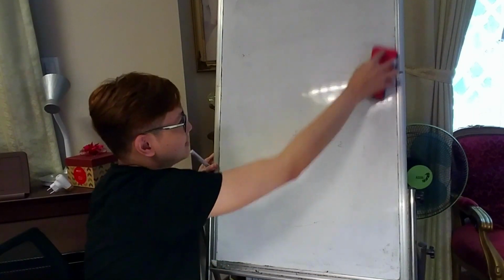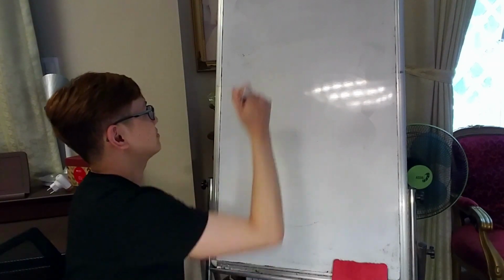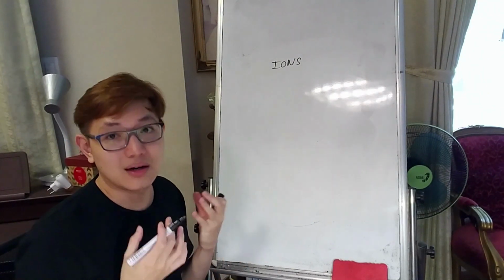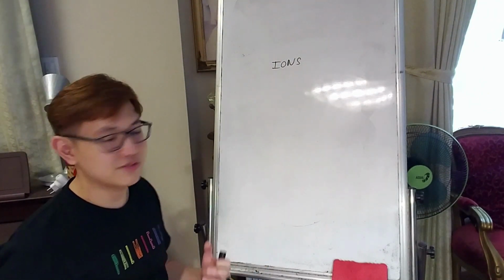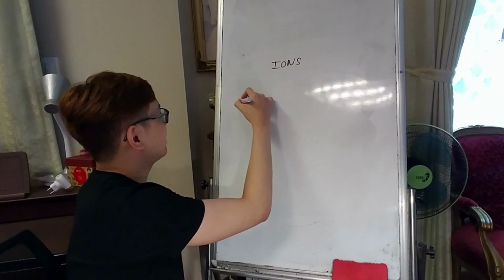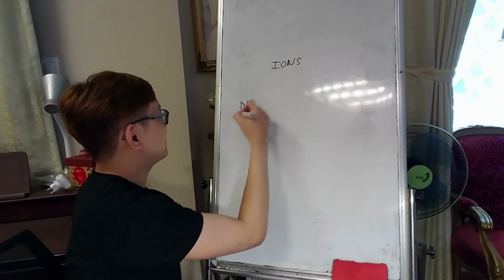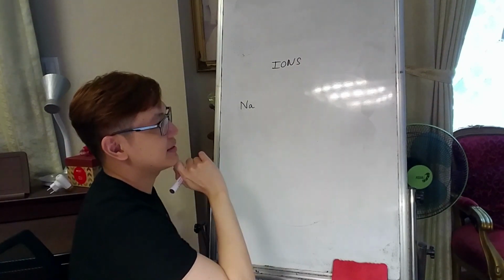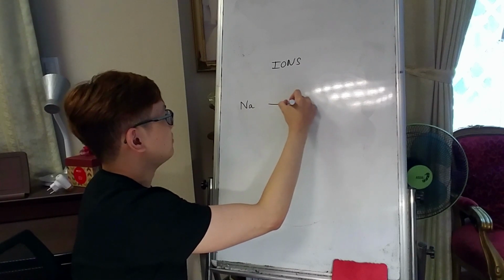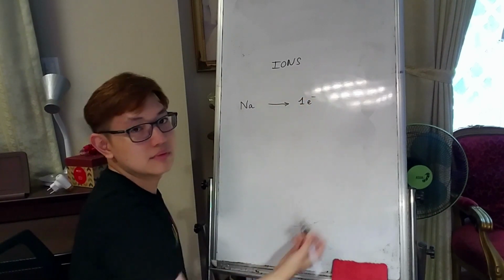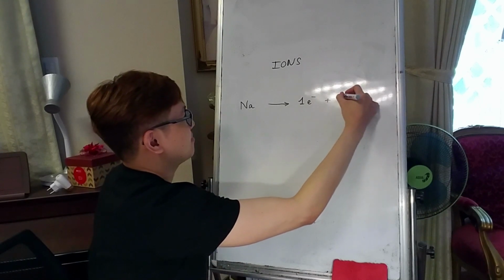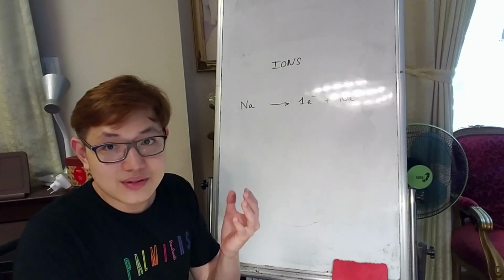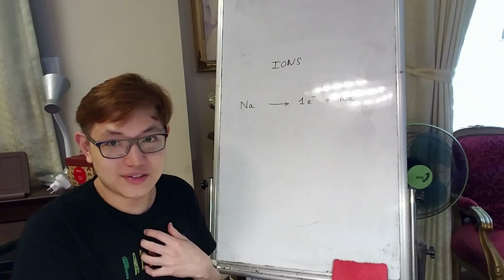So what about ions? What are they? The ions are things that have a charge on them, either positive or negative. Like for example, if I have a sodium atom, and it, how can I say, loses one electron, which is negative, it's gonna become more positive. Because why? When you lose a negative thing, you become more positive.